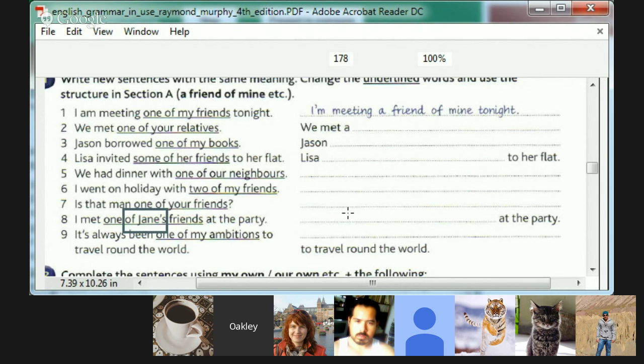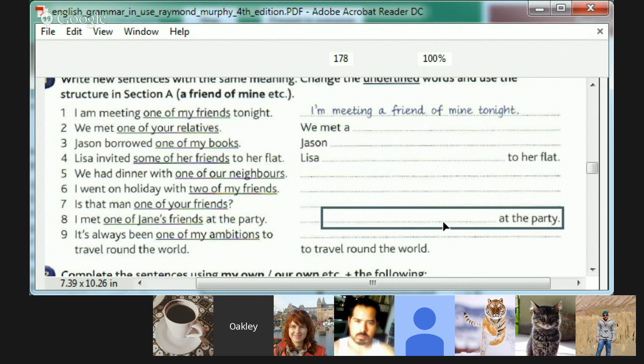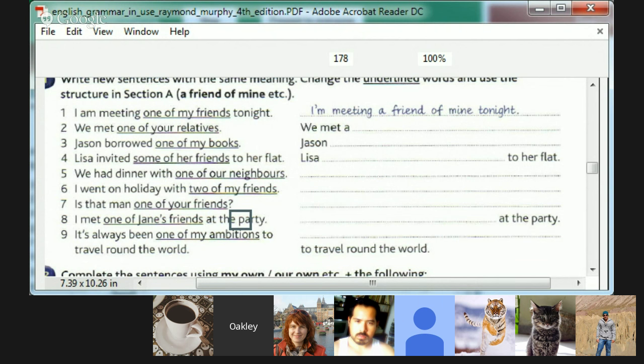I met one. Not one. Okay. I met a friend of Jane's at the party. Okay. Party. Make sure I hear a P. It's sounding like a B. So, party. Yes. Okay. Make sure I hear that aspiration. Party. Okay. Thank you.